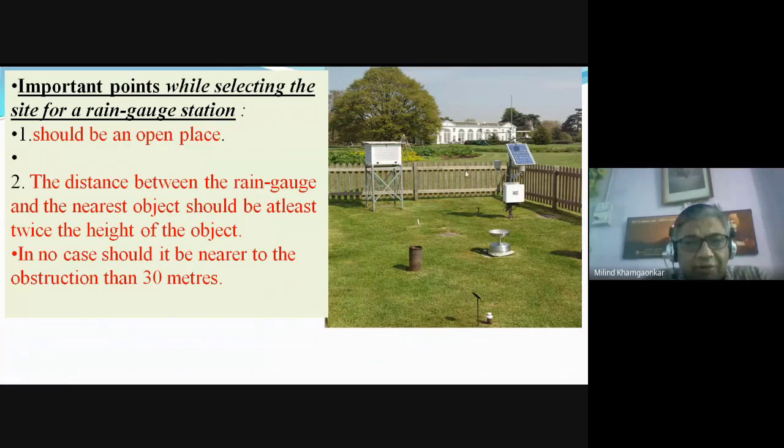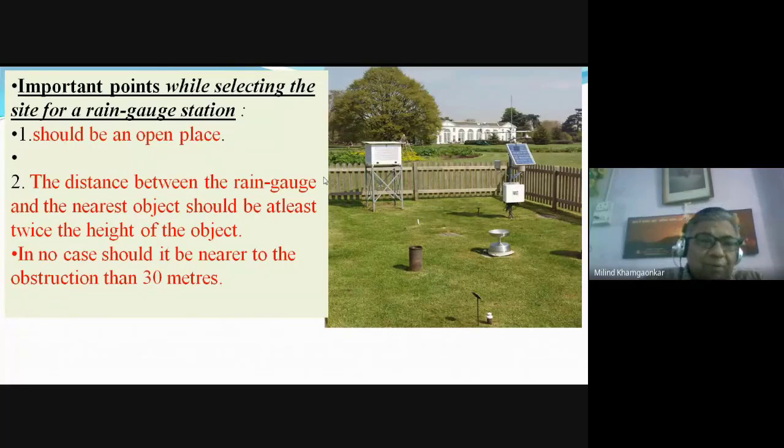There are very important aspects of how to select the rain gauge station, meaning where this rain gauge is to be installed. What is a rain gauge station? A rain gauge station is nothing but the location or area wherein these rain gauges or rainfall measuring equipment are fixed.